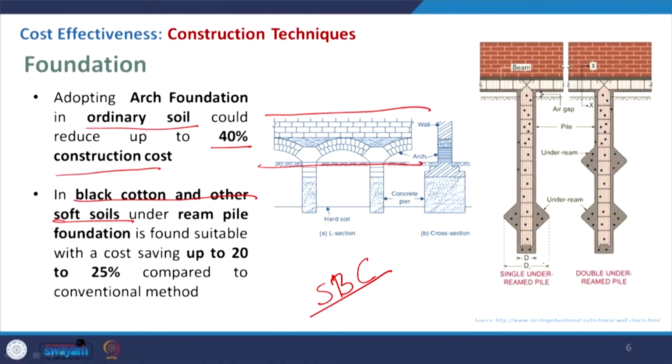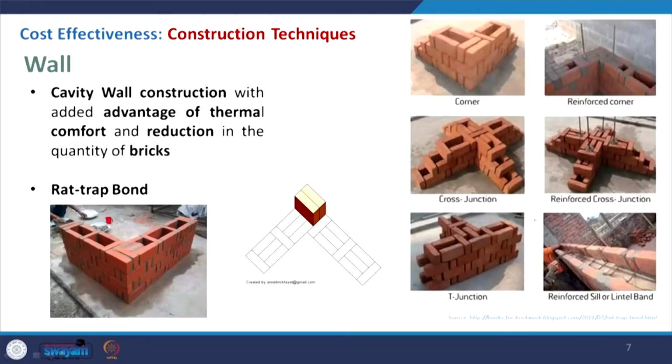Then in that case we have to go for an under-reamed pile foundation. In this case the pile is used, and the under-ream is created to make the grip. That will also help to resist the soil pressure and movement. Coming to the wall.